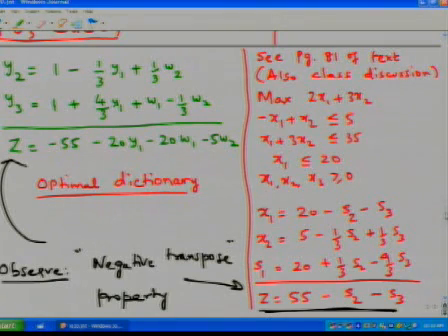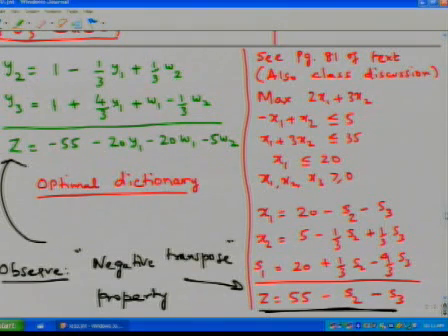Okay. So the slacks obviously appear in exactly one constraint. So s1 appears in the first, s2 in the second, and s3 in the third. And of course your B vector is going to be 5, 35, and 20.